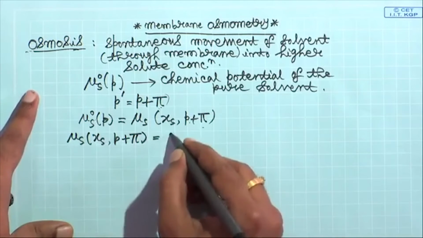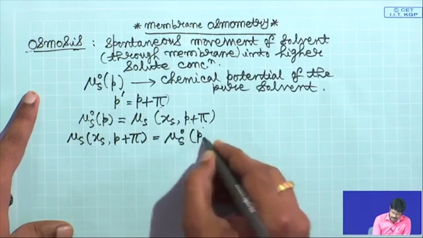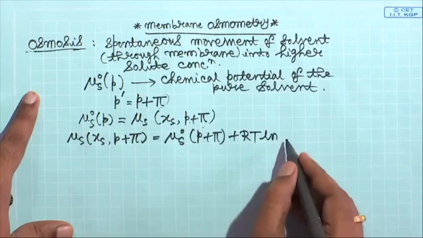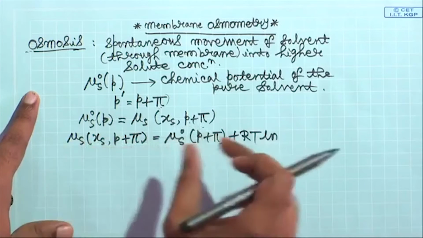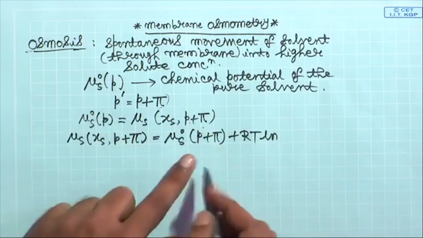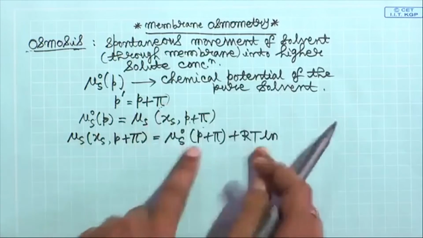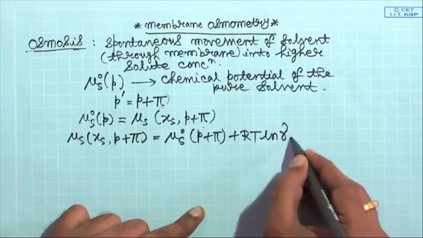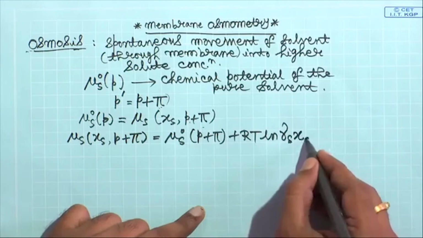So, mu typically is equal to mu 0 under that condition plus R T ln activity. This is from physical chemistry: chemical potential is equal to chemical potential in the standard state, in the pure state, and of course, here also you have to see the pressure is P plus pi, because you are expressing the chemical potential on this side, plus R T ln activity. Activity is equal to the activity coefficient, which is gamma s, times the mole fraction of the solvent.